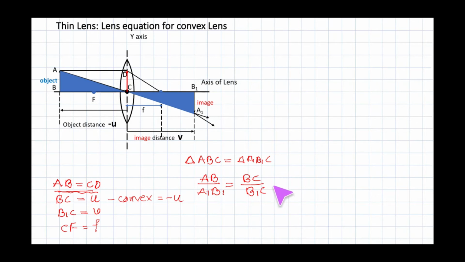See, so this is one equation which we have got. Remember that here AB is equal to CD. So now we are going to consider another triangle.